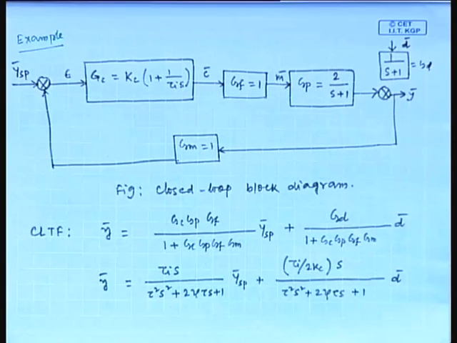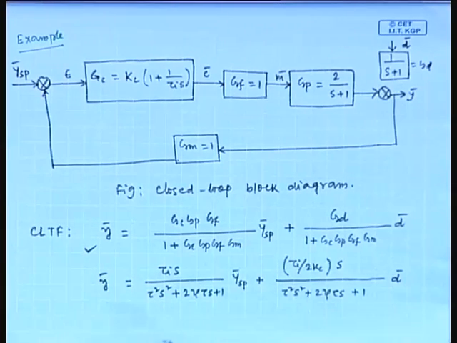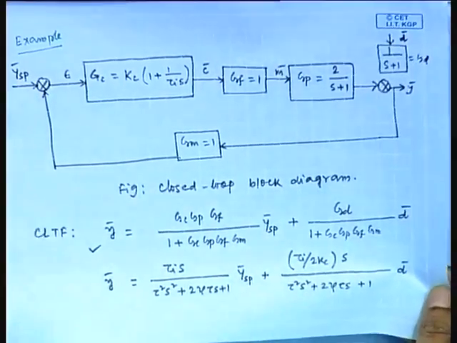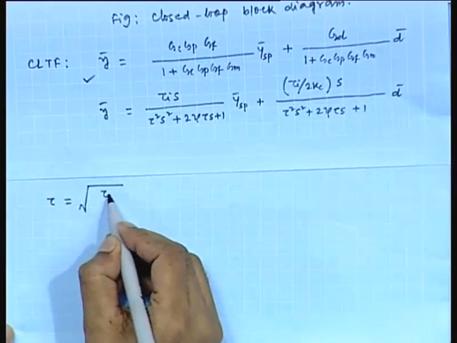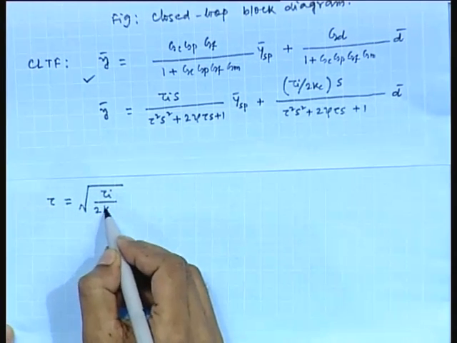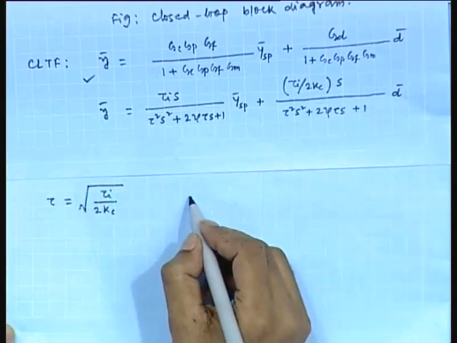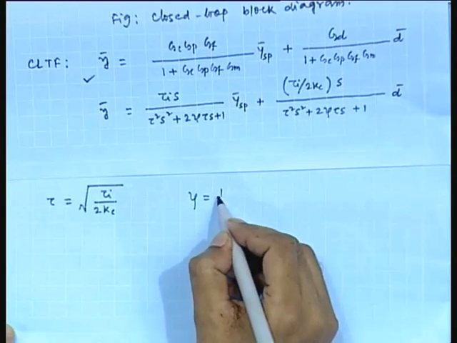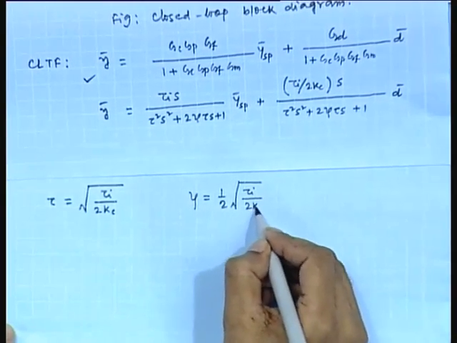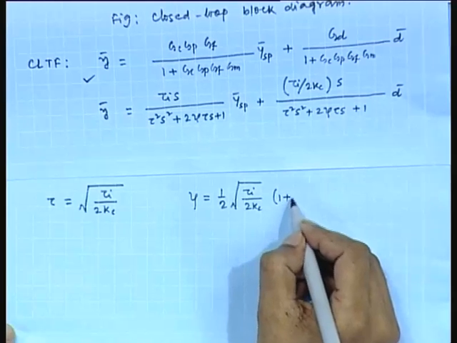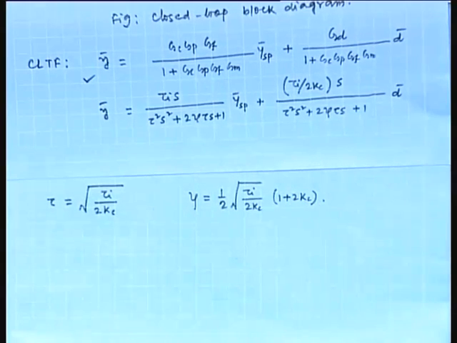If we substitute the individual transfer function expressions in this general form, we get this closed loop transfer function, where tau equals root over of tau y divided by 2 Kc, and zeta equals half root over of tau y divided by 2 Kc multiplied by 1 plus 2 Kc.